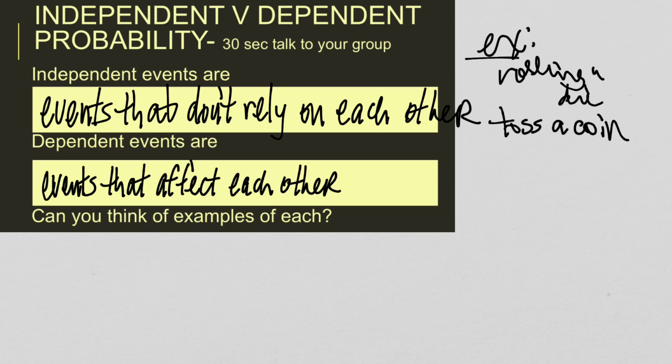A dependent event example could be you take a card out of a deck of cards and you don't replace that card, and then you take out another card. Because we don't replace the first card we take out, it does affect the other event that's happening. So in these next couple of slides, you're going to identify if you feel this event is independent or dependent.